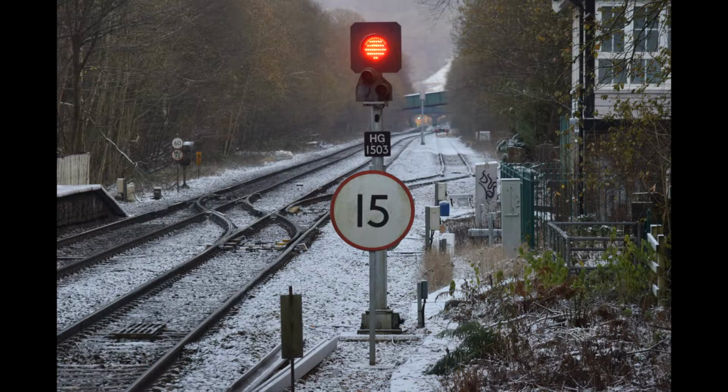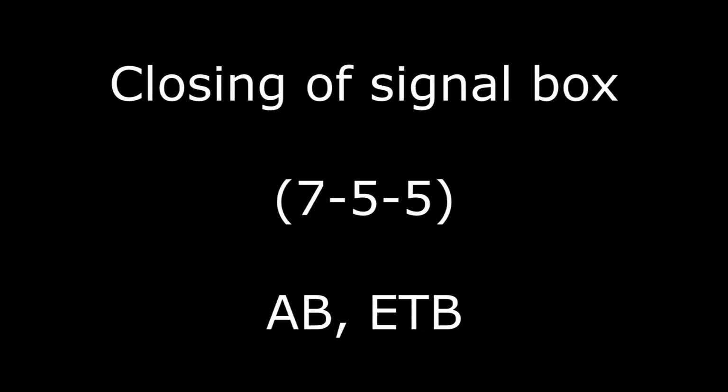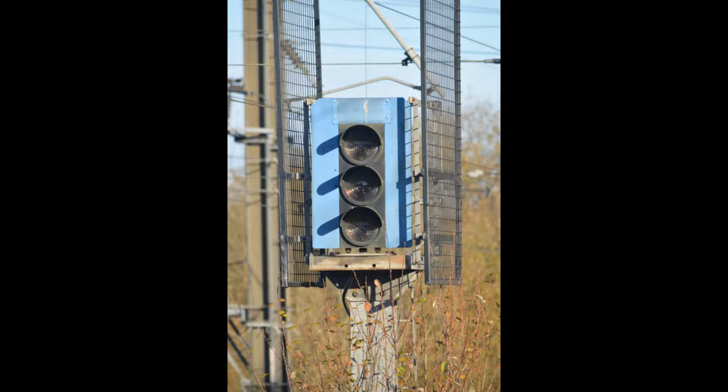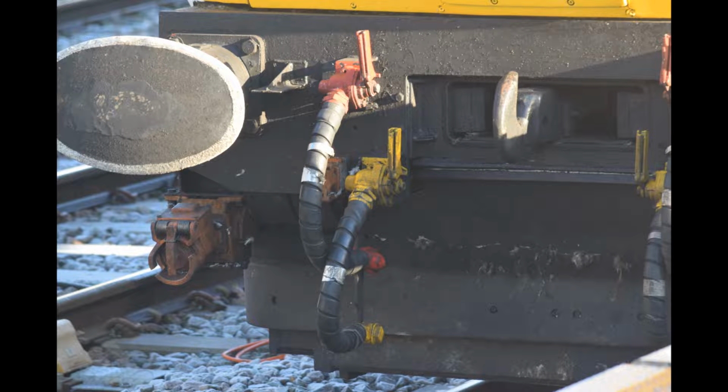When we close in the signal box, it's a 7 5 5. That's one that we all like, especially to send it, because it means we're going home. Sometimes in absolute block, we'll close a signal box where the signal box is just there for capacity reasons, and the signal box isn't needed at night.